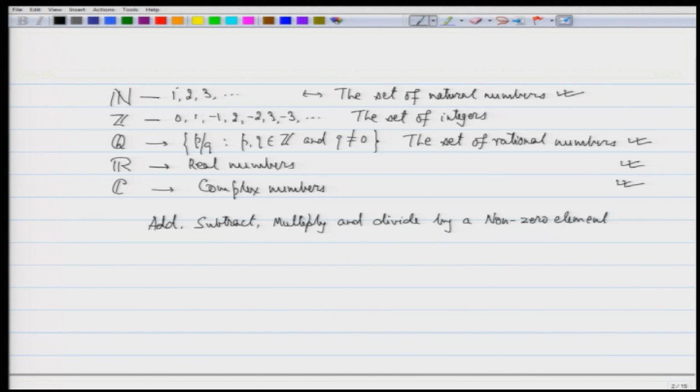So, what is the non-zero element in all these three sets? In all these three sets, 0 is the zero element. So, I can divide by every number other than 0, and that is a meaningful object.